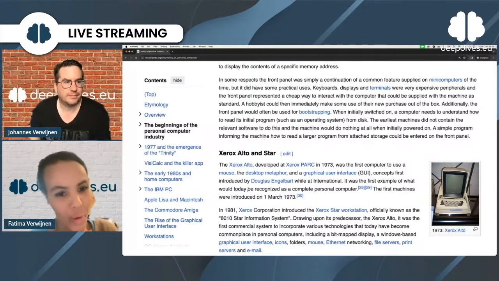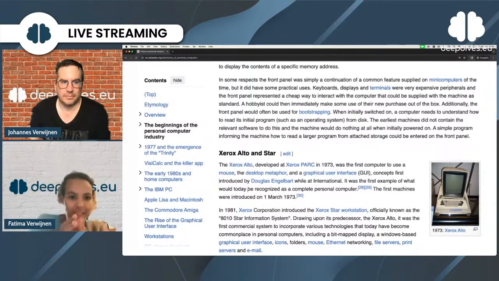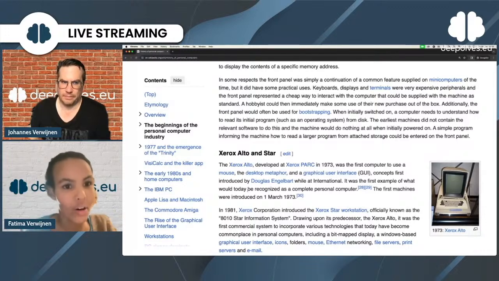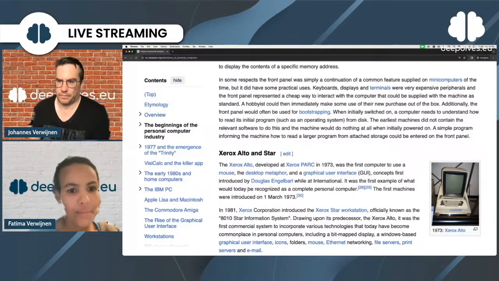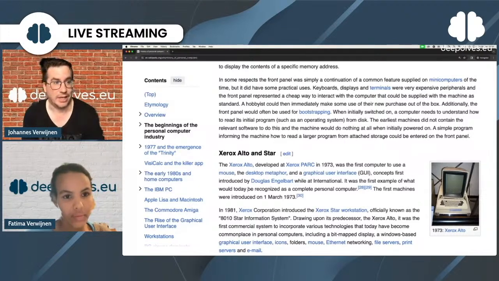It's useful to make a distinction between the microcomputers and the mainframes. Yeah, and I think you're right that in the beginning the idea was that these are very small computers.